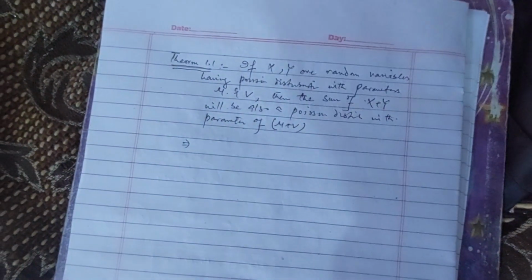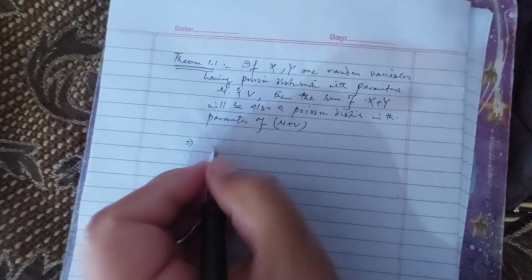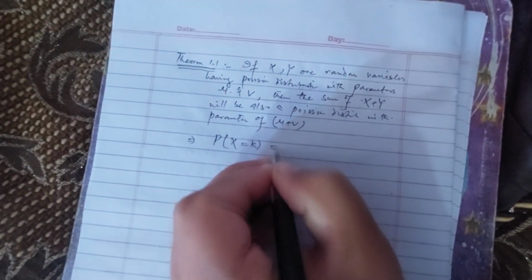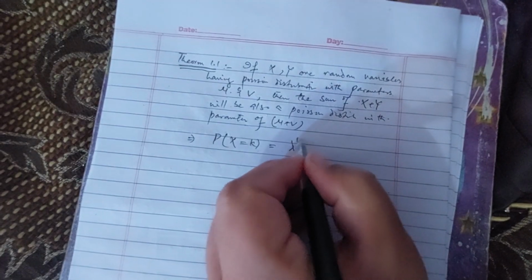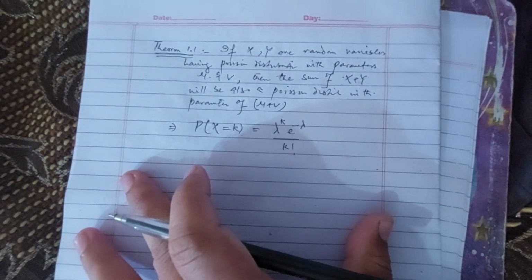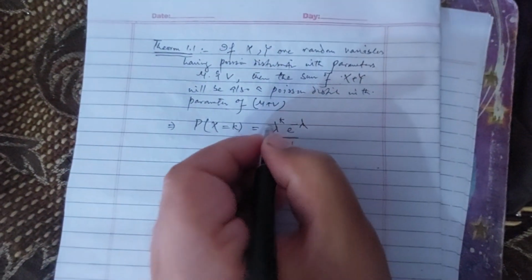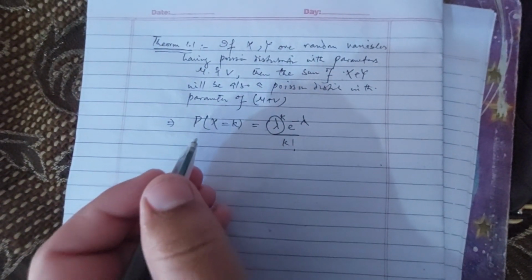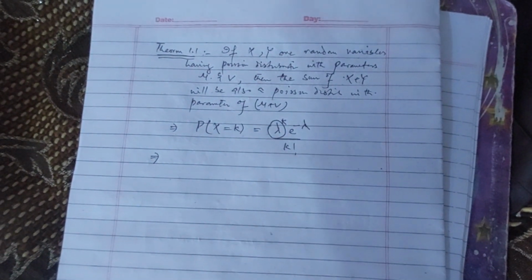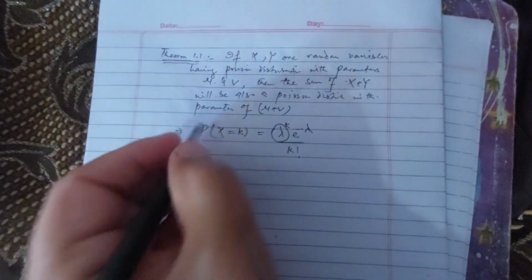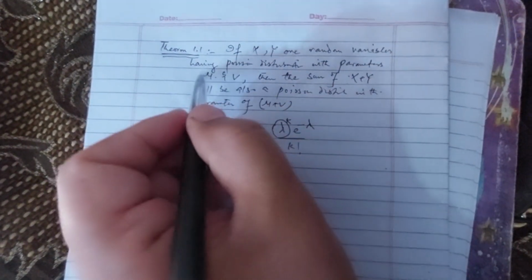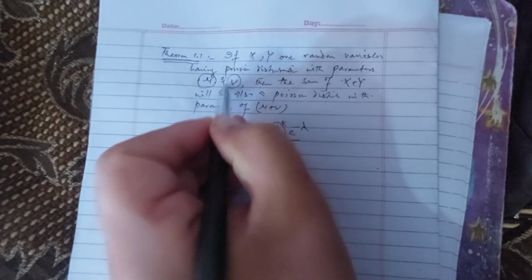We know in general form, when we talk about the Poisson distribution, P of X equal to k is equal to lambda raised to power k, e raised to power minus lambda, divided by k factorial. In this case lambda is the parameter. But now we have two random variables, capital X and capital Y, and both have independent parameters mu and v.